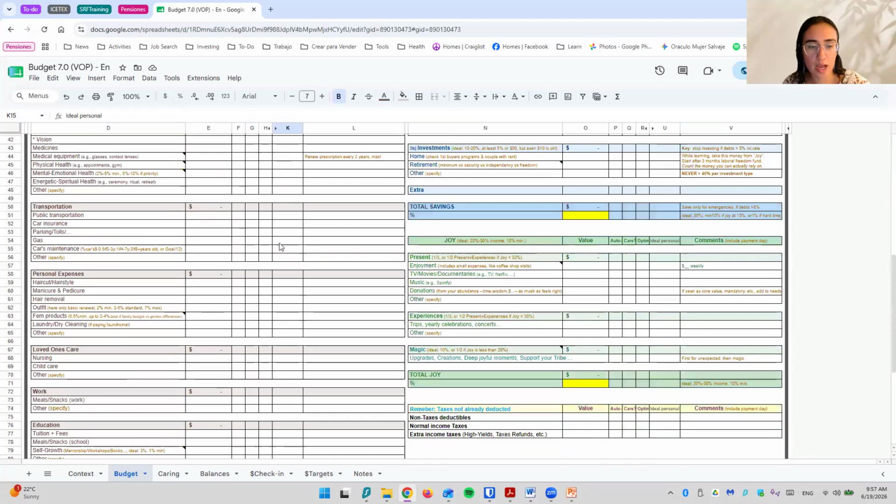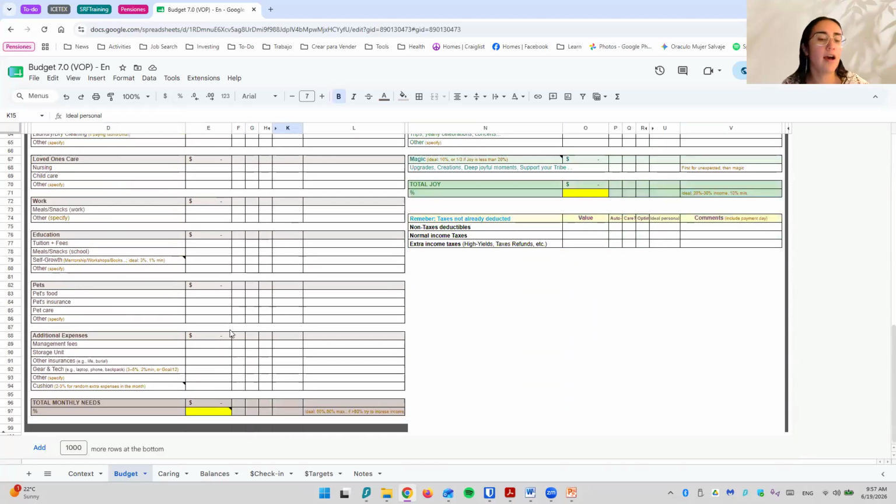And once you have all these identified, you will add all of them, and then you will have your value.